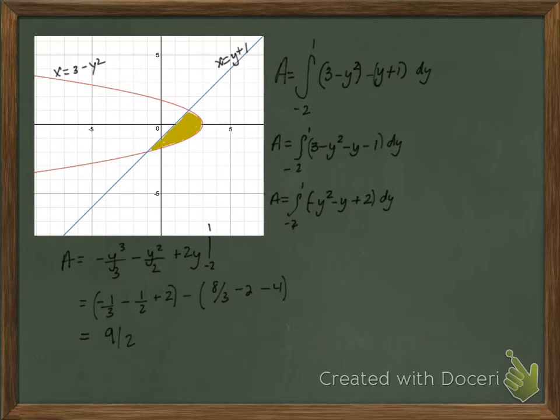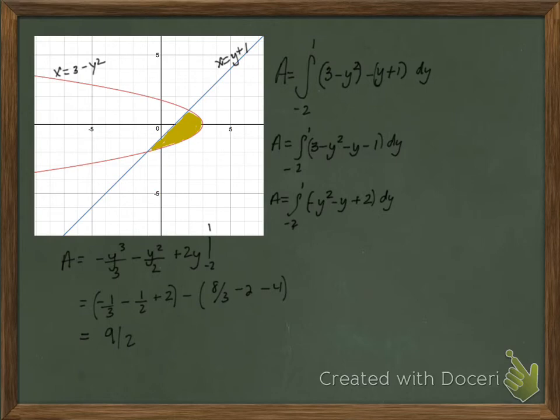So I have 3 minus y squared minus the quantity y plus 1. So I need to distribute the negative to y plus 1, and then combine my like terms. So I get 3 minus y squared minus y minus 1. And if I combine my like terms, 3 minus 1 is 2, then I will have negative y squared minus y plus 2, integrate with respect to dy.